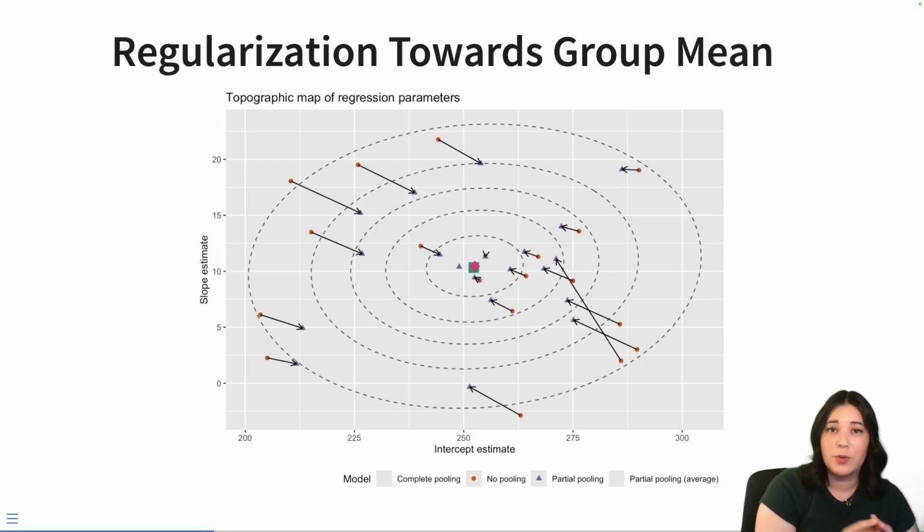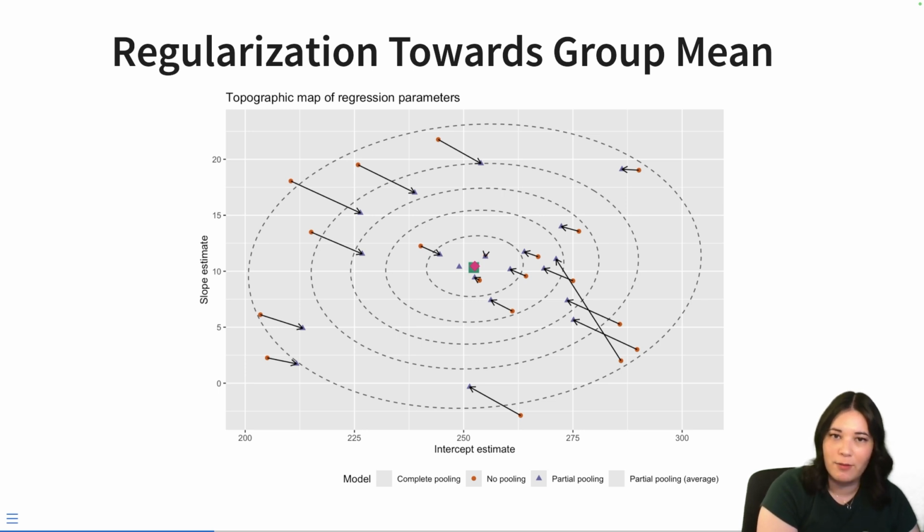One of the ways that you can think about random effects is as regularization, right? We've talked about regularization in prerequisite courses, like how we use regularization with Ridge and Lasso to regularize the regression coefficients. This is also a form of regularization.